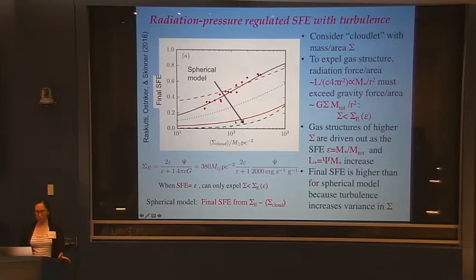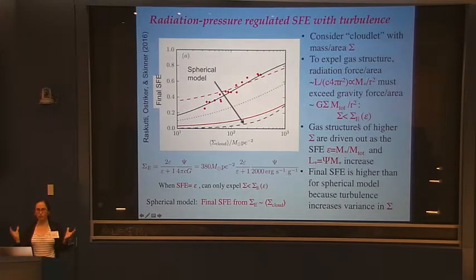Well, it's higher because you don't have just a given surface density. In fact, most of the material is in structures that are much higher surface density than the initial cloud was, because the turbulence has clumped up the gas, and at higher surface density, you need higher luminosity to expel it.